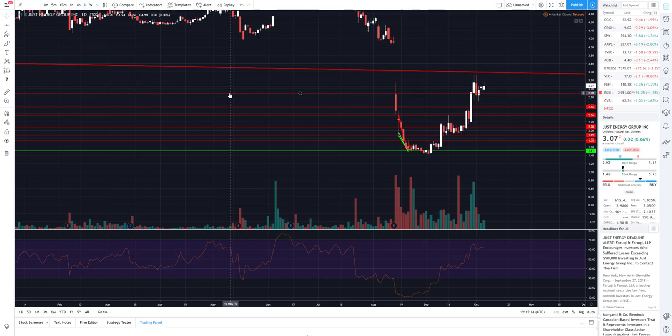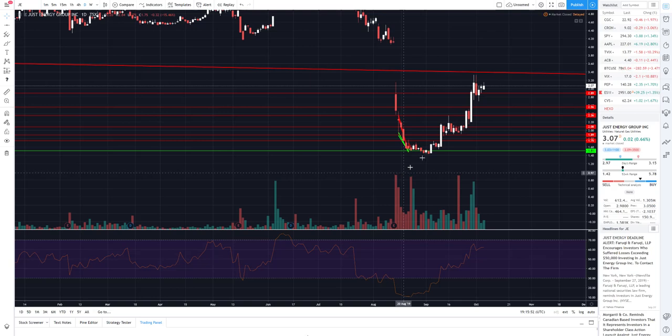Let's say your average allotment per stock is 10%. For this one, you could put like 5%. If your target is, let's say, 50 to 100% on this trade, you don't need to go in for 10%. You could go in for even 3%, 5%. If you're making 50 to 100% on the trade, you're still gonna gain your portfolio like your 2% average, right?